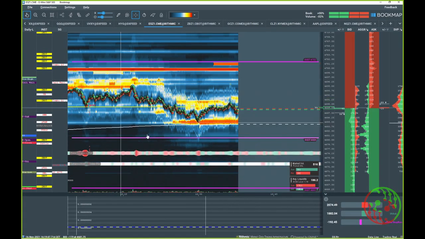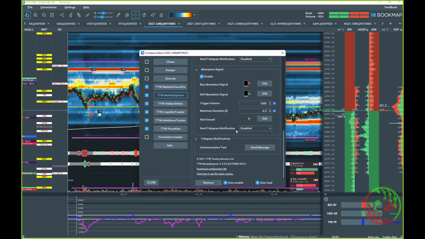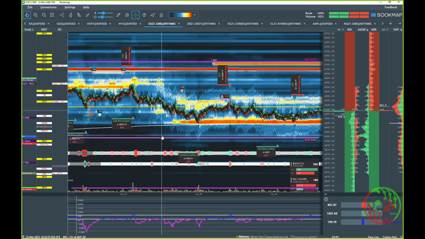Absorption happens when a market order hits a limit order. You can measure every kind of absorption all the time on the chart here.